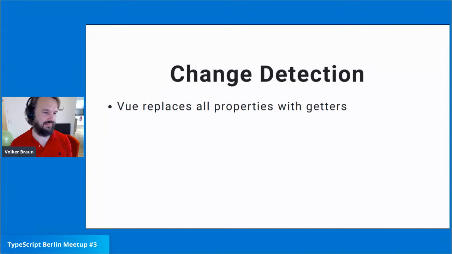And if you set something, the getter just holds that value so you can get the actual value back. So this is replacing all actual properties with getters. It doesn't change the behavior of your code, but now Vue knows whenever you read a value and it knows when you write a value, as long as that value hangs off your component somehow.